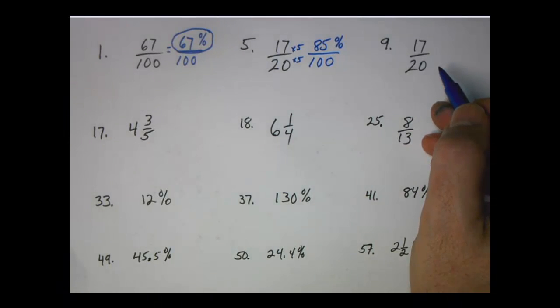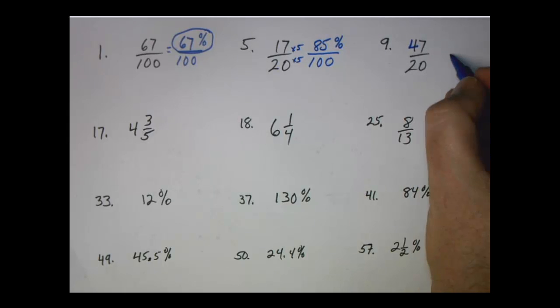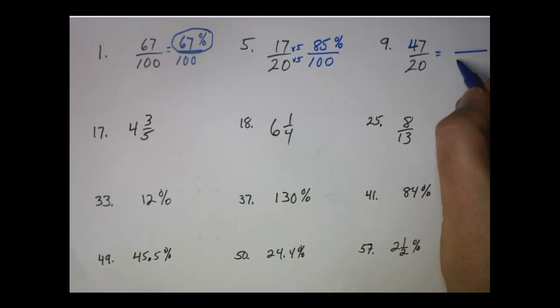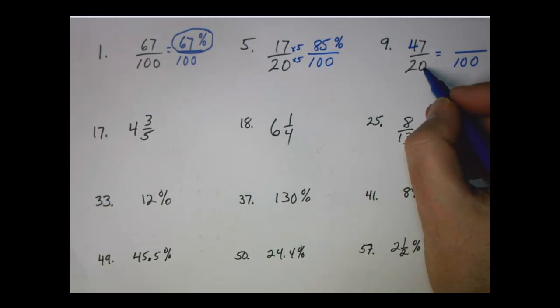Problem number 9. Not the same problem. I'm not quite sure why that's there. It fooled me. So let's change that. Let's make this 47 over 20. Okay, still got to go over 100. So what times 20 again?